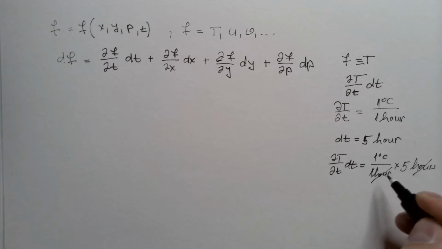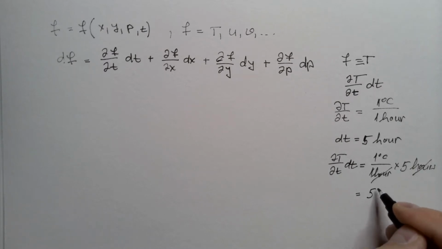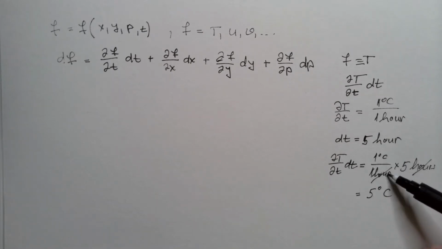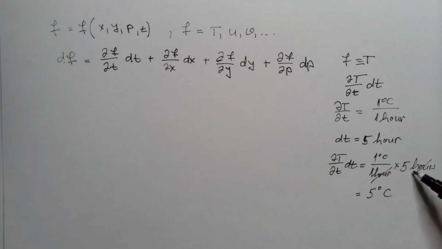Well, hour and hour cancels, and we get that this is equal 5 degrees Celsius. And that's the total change of temperature. We accounted for the rate of change across the independent variable times the change of independent variable.